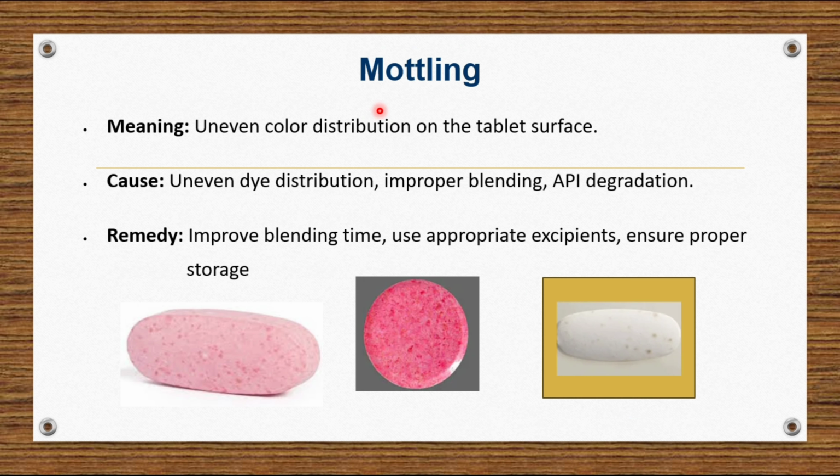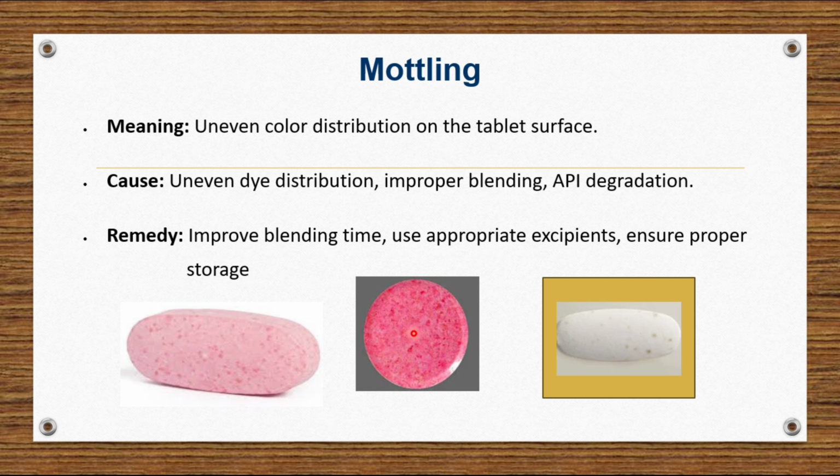Another defect is mottling. What is the meaning of mottling? Uneven color distribution on the tablet surface means mottling. Sometimes mottled tablets are accepted if your specification says so; in order to give a different look, people may manufacture mottled tablets. That is acceptable.